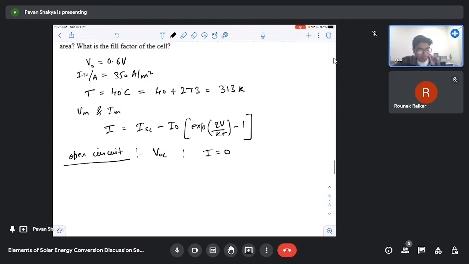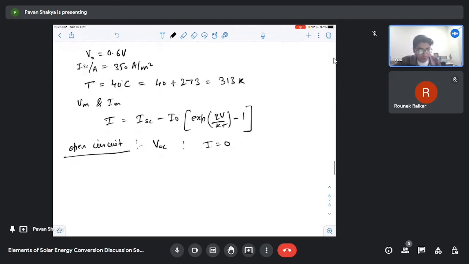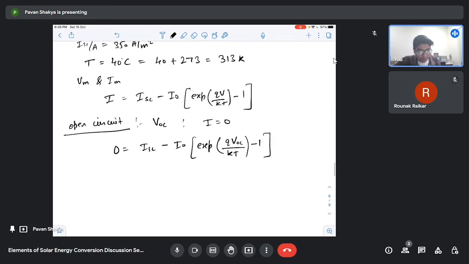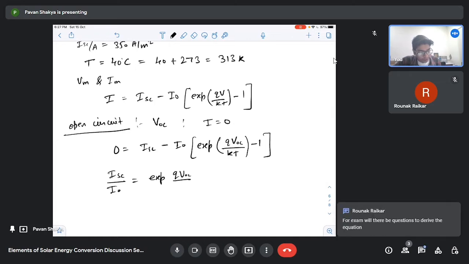So if we put these values in the above formula, then 0 will be equal to ISC minus I naught, and in the bracket exponential of Q times the voltage for this current, that is VOC, divided by KT and subtracted by 1. Now we can find the relation for the ISC and I naught. So this ISC divided by I naught will be equal to exponential of QVOC divided by KT.